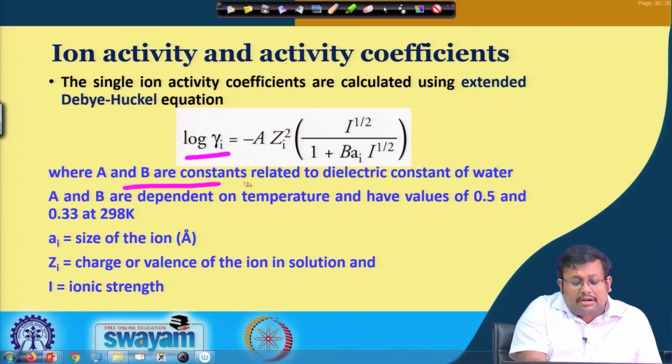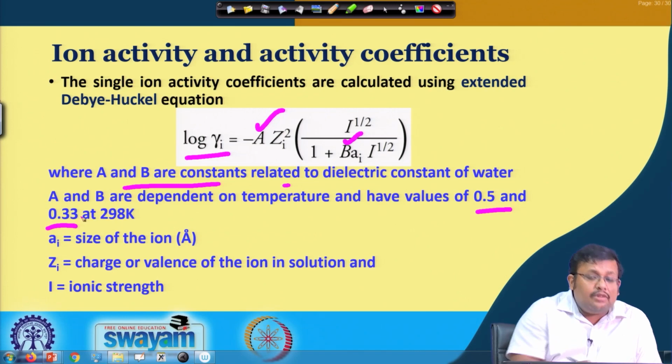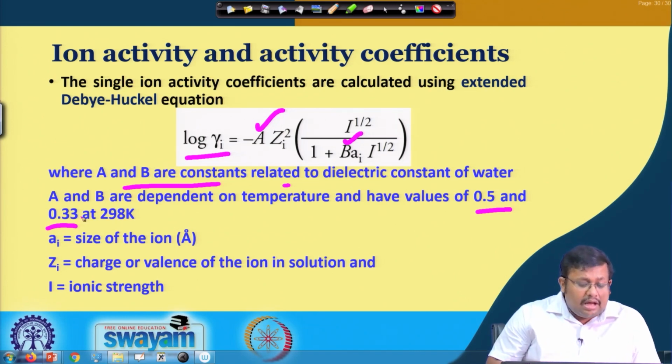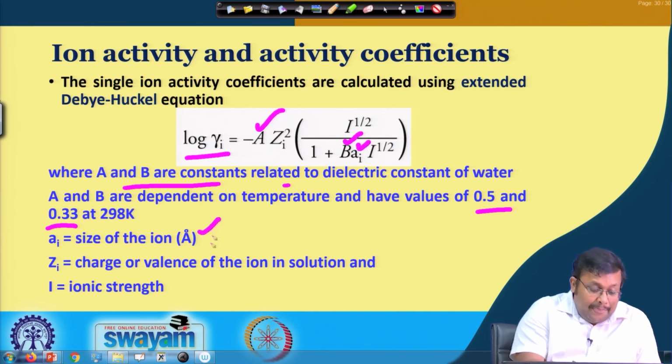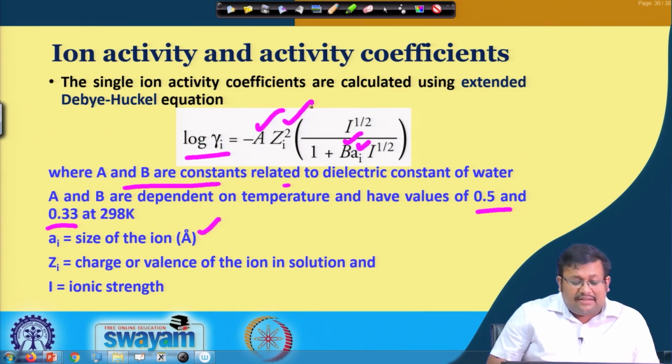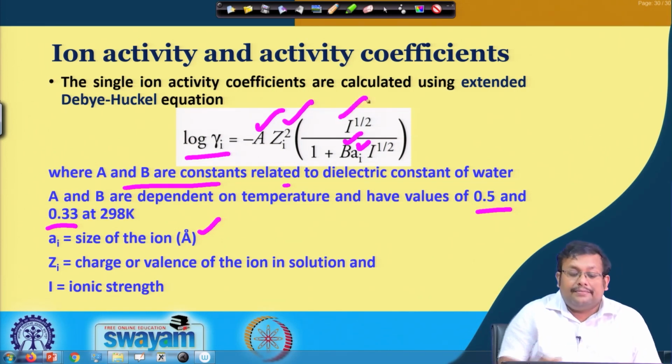Here A and B are constants related to the dielectric constant of water, and generally we take their values as 0.5 and 0.33 at 298 Kelvin. ai is the size of the ion in angstrom, Zi is the charge or valence of the ion in solution, and I stands for the ionic strength.